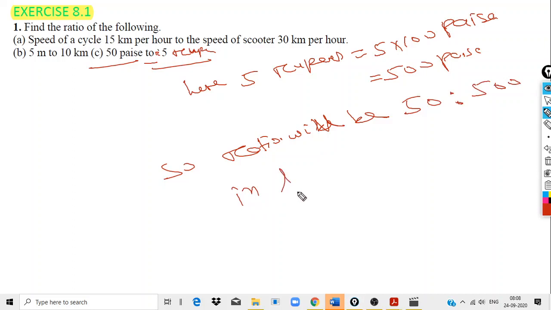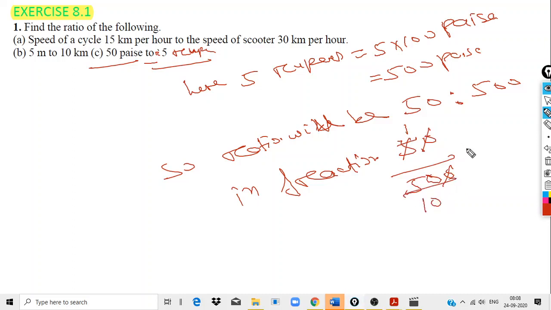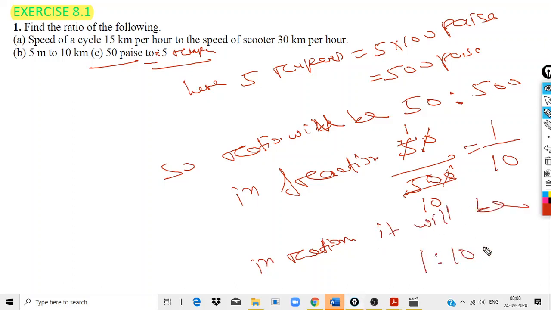In fraction you can write 50 divided by 500, cancel 1 0, 5 1s are 5, 5 10s are 50, which will be equal to 1 by 10. Okay, so in ratio it will be 1 is to 10. So this will be your answer.